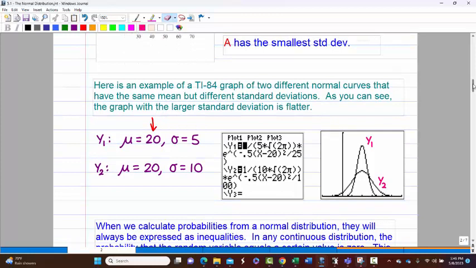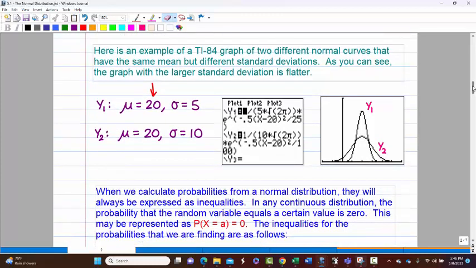Okay. Let's come down here, and don't worry about this right here, I'll just kind of skip over this. I just put this in a calculator just for fun, and you had to really play around with the scales on the axis, but I put that ugly equation in there, and I did one with standard deviation 5 and one with 10.